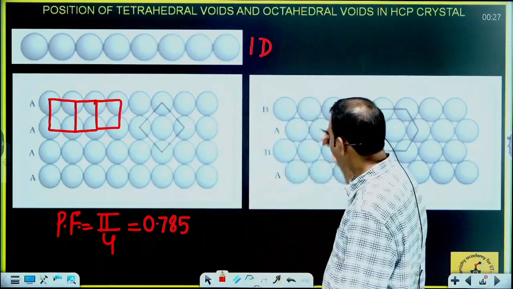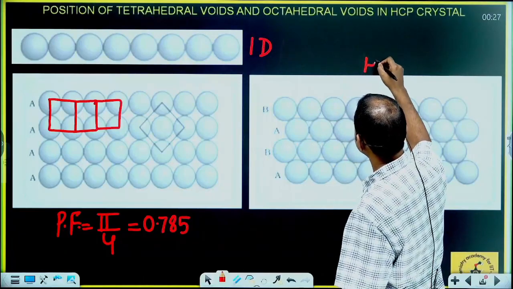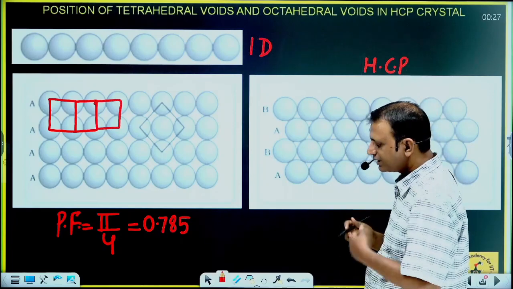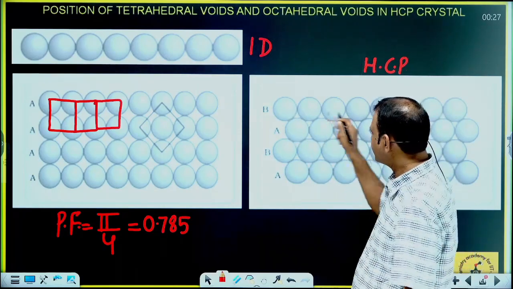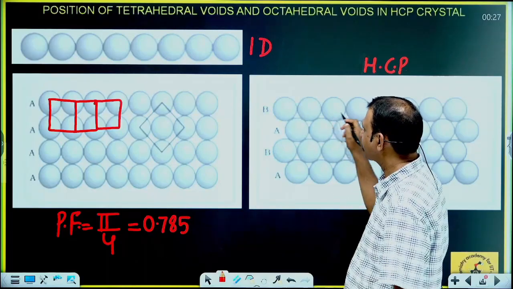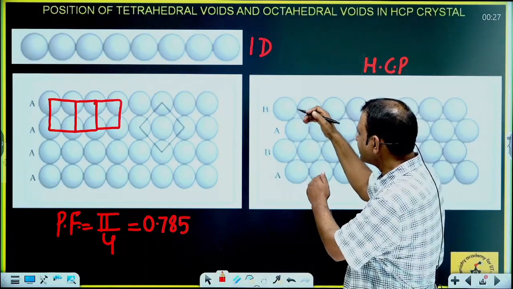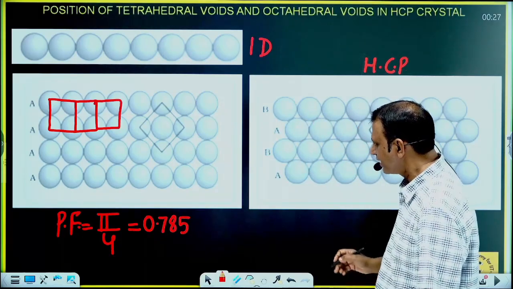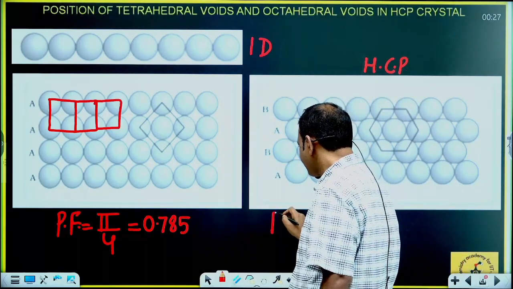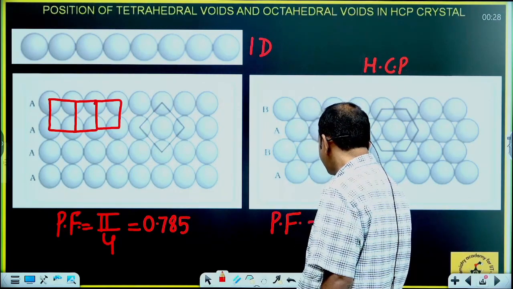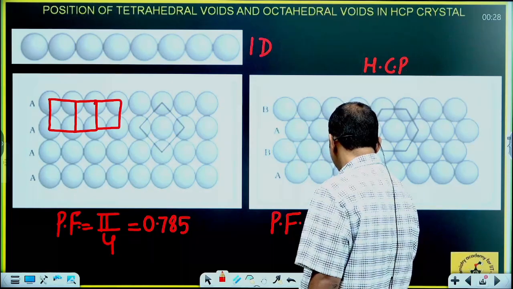In another way, when we are discussing hexagonal close packing of 2 dimension, if this is a B layer, the A layer is placed in the gap of B layer, right? So here the layers are nearer to each other, the packing fraction is more. If I calculate the packing fraction of hexagonal close packing in 2 dimension, that is equal to pi by 2 root 3.